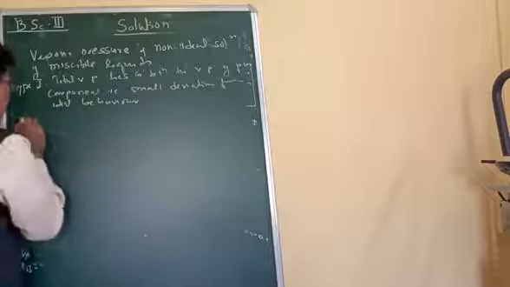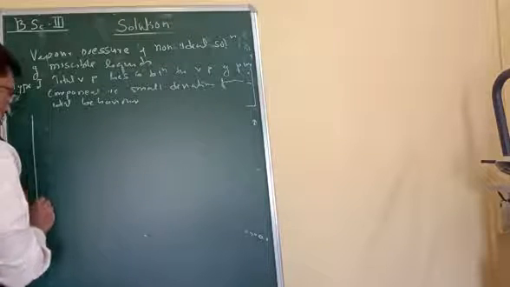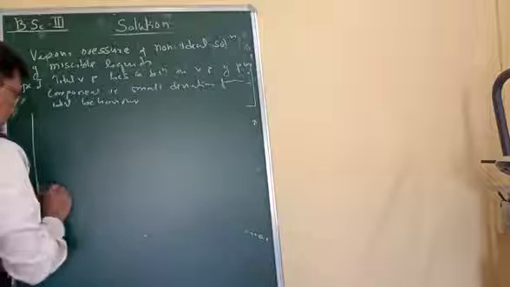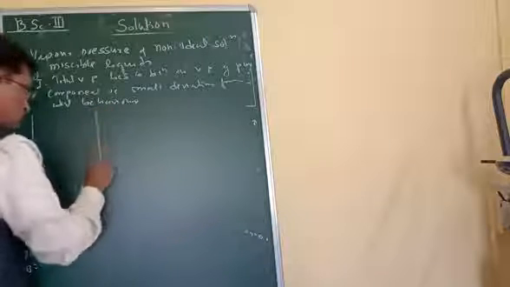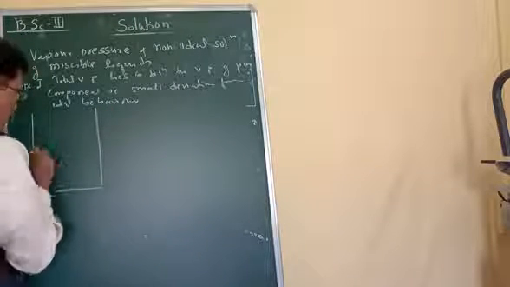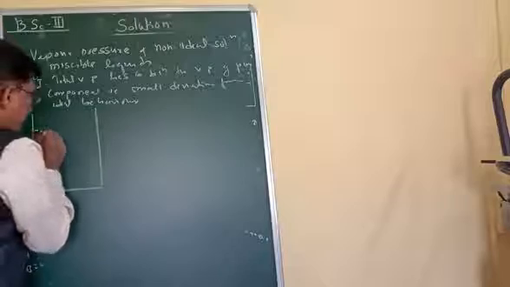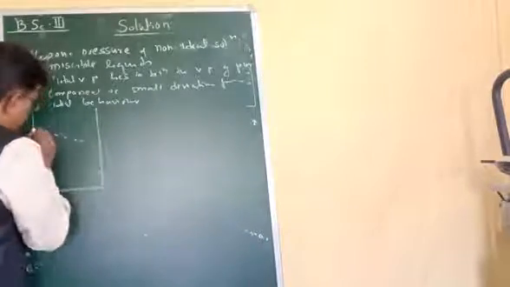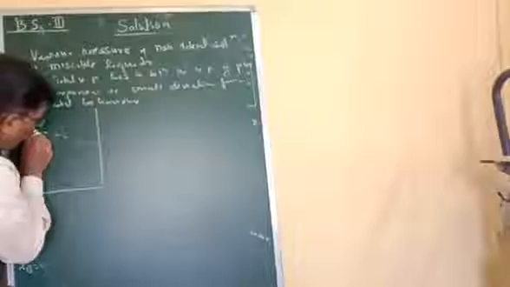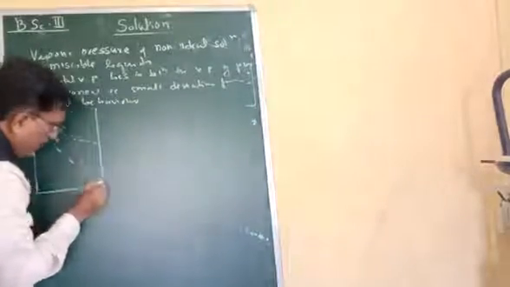Now, as usual, the diagram for that is, now for the ideal case, this is the diagram. Dotted lines represent the ideal behavior.